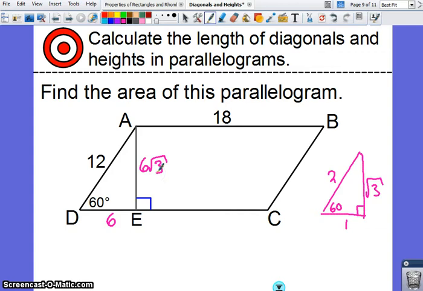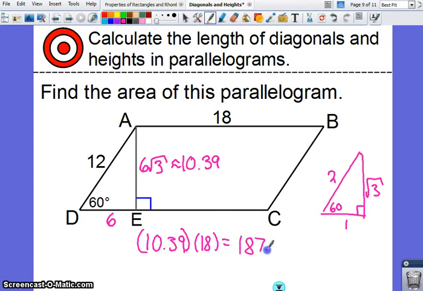So my height is 6 root 3, which if I plug that into my calculator, is going to be 10.39. Okay. Now I have my height, so all I got to do is multiply this together. This should give me my area, which is 187.06. So that's the area of this parallelogram.